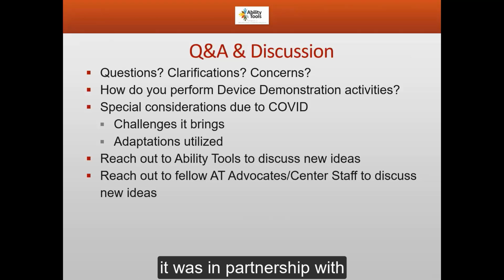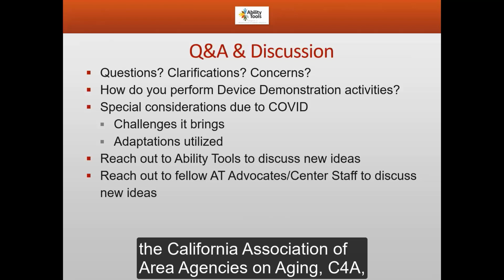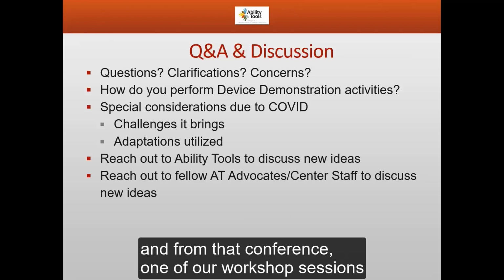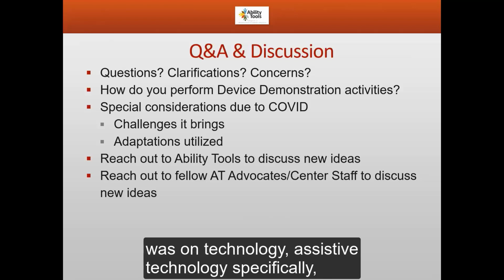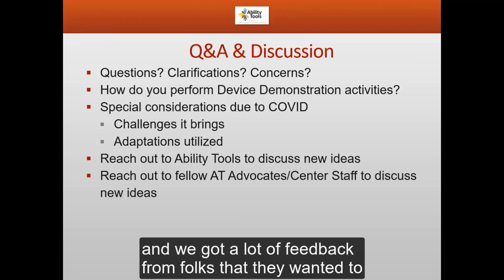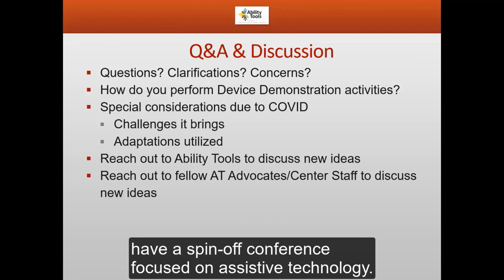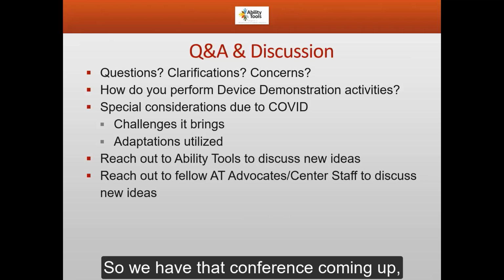It was in partnership with the California Association of Area Agencies on Aging, C4A. And from that conference, one of our workshop sessions was on technology, assistive technology specifically. And we got a lot of feedback from folks that they wanted to have a spin-off conference focused on assistive technology. So we have that conference coming up.